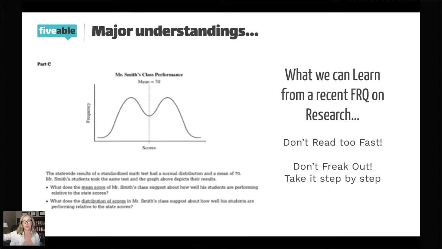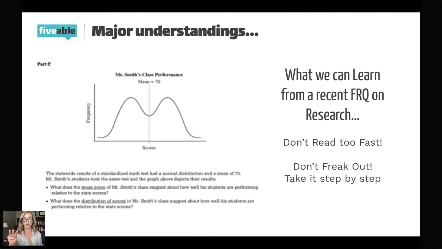Now, sidebar for you. This is a perfect example that shows us which of the 3 measures of central tendencies is most impacted by outlying data, right? That's also been a question on multiple choice. It's something that College Board totally wants you to understand. So we have 3 measures of central tendency in the whole statistics world, right? We got mean, median, mode, right? Mean, average, median, middle, mode, most.